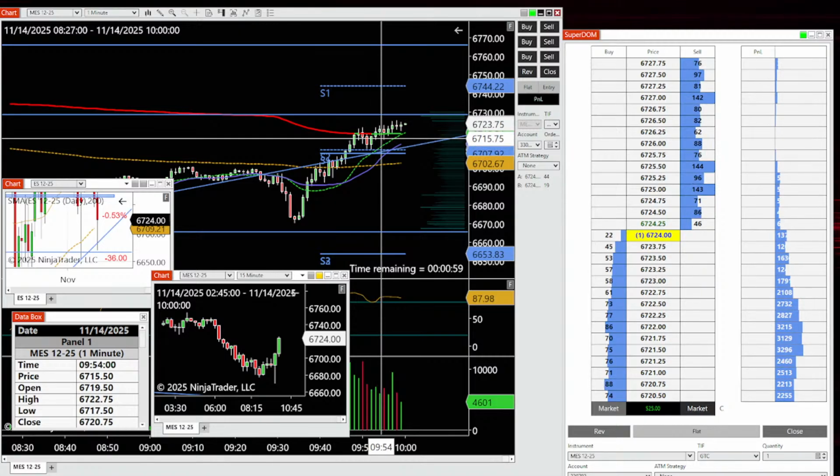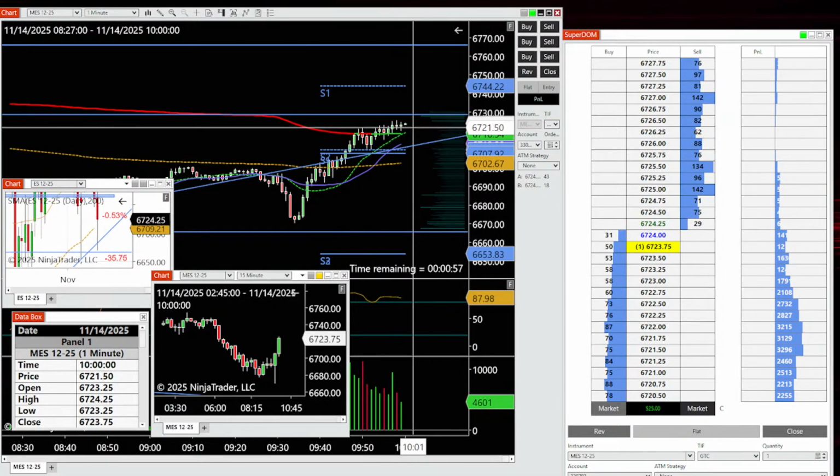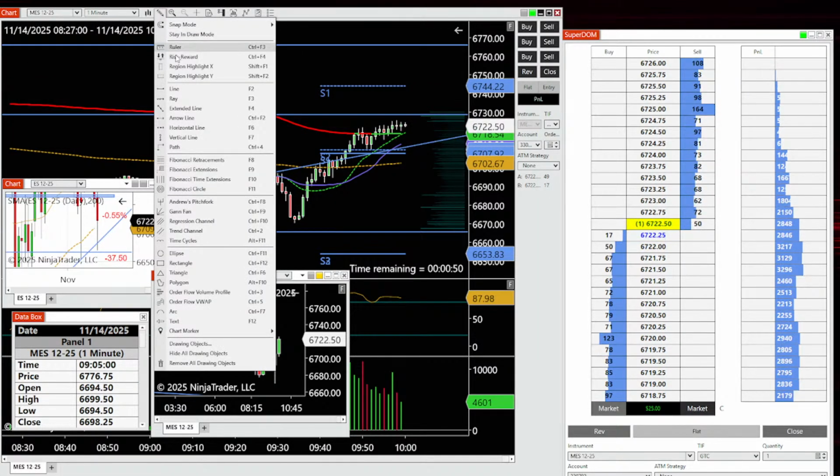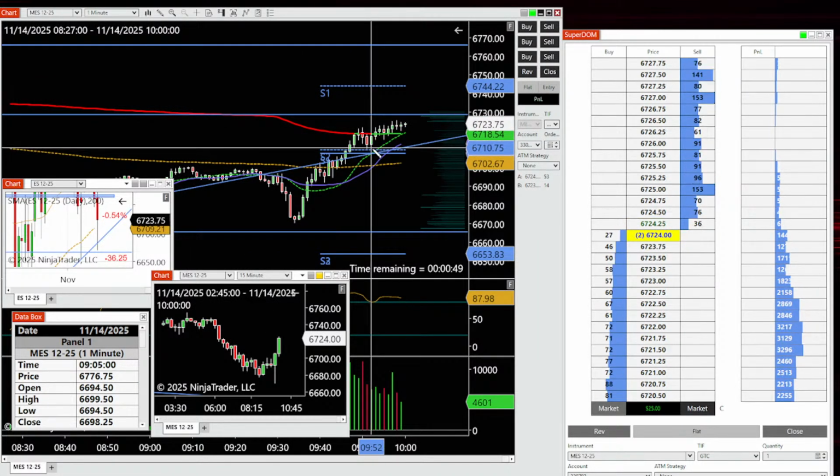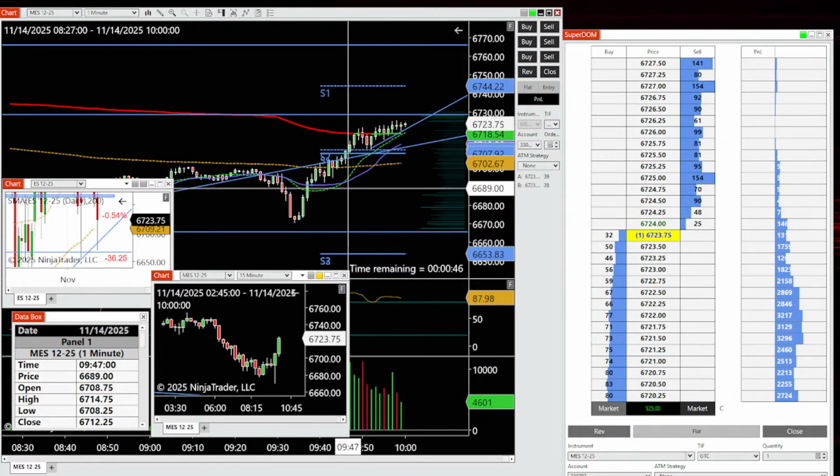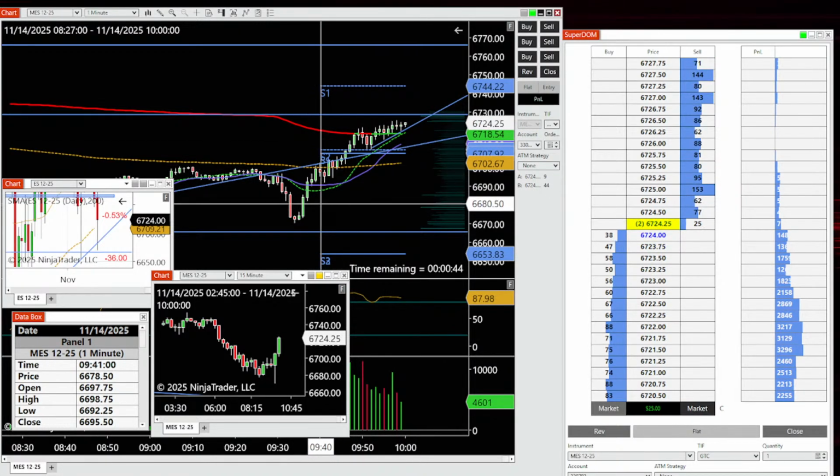They're making higher. Do we get a pop? We found out we open up and get a pop. Look at this. We got another trend up here.